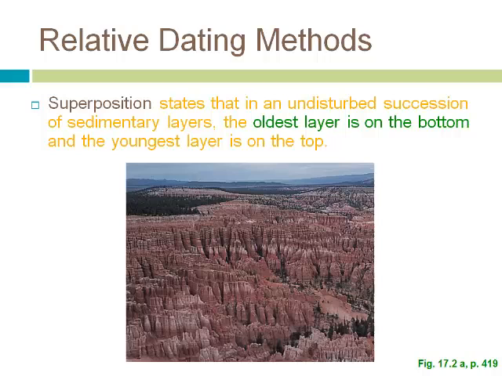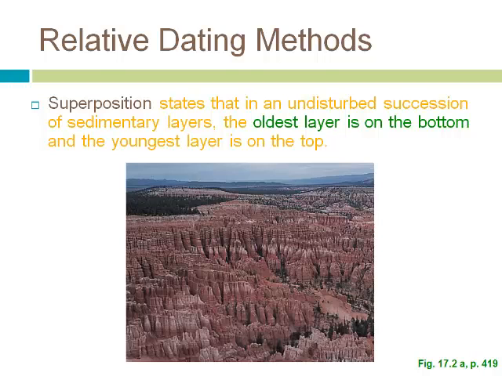We have cross-cutting relationships that change the understanding of that sequential order based upon what we cut through, just like the paint analogy. And then we have lateral continuity, so if you find one rock layer in one area, even though there's some erosion and there's a gap there, you can go to a different area of land and find the same rock layers. In between, they've just eroded away. We also have these principles of inclusion, and then of course we're going to talk about fossil succession.